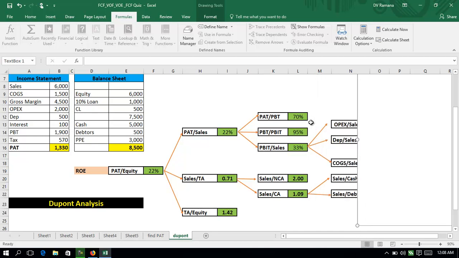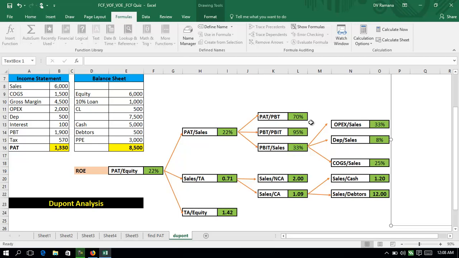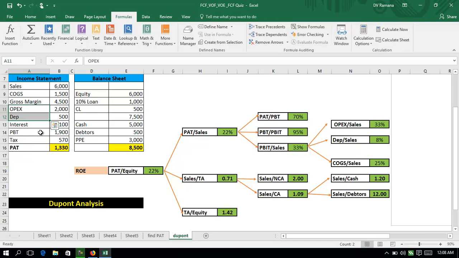For example, the operating burden can be examined in detail by examining the expenses to sales ratio. In this example, we have two main expenses, that is OPEX, depreciation, and COGS.